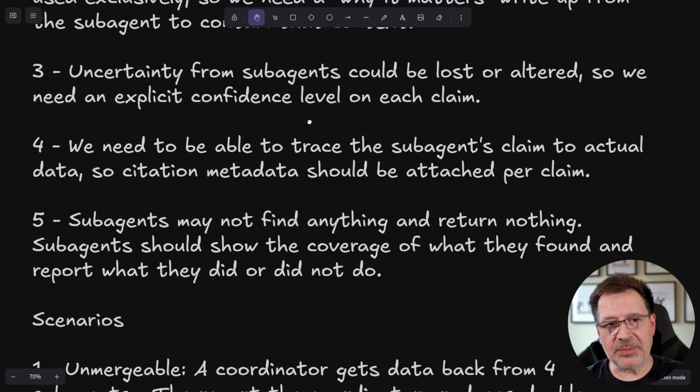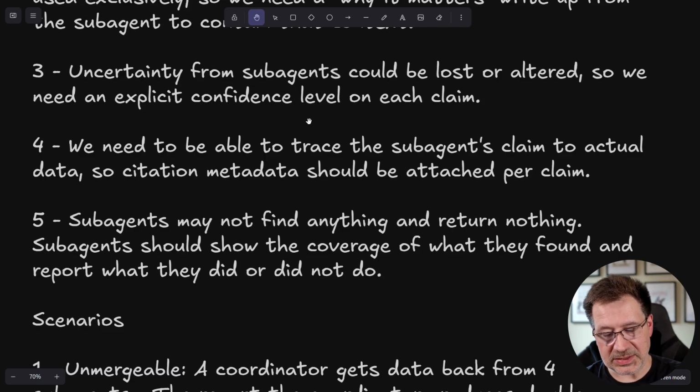So the next problem is that the uncertainty from subagents could be lost or altered. So we need an explicit confidence level on each claim. This again goes back mostly to when you're reviewing documents or code and it says, oh, I found a vulnerability and it's a high one. So how did you get to that? What is your confidence level around the fact that this is a high vulnerability that you found in our code?